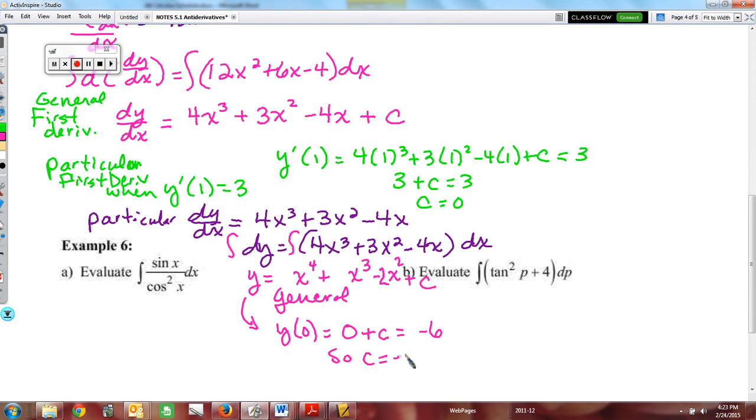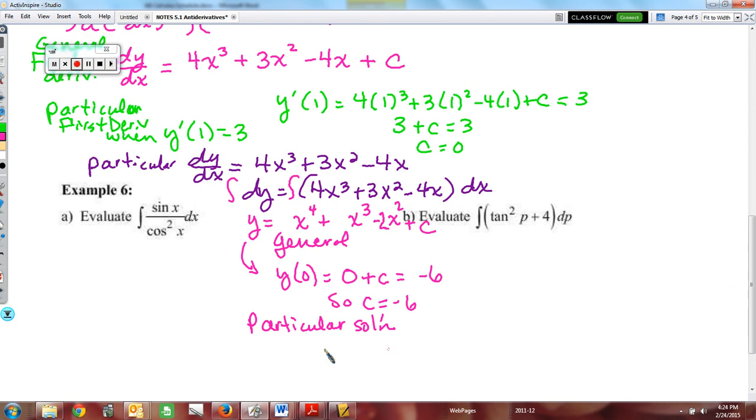So c equals negative 6. So our final particular solution is y equals x to the 4th plus x cubed minus 2x squared minus 6. And then we're done with this problem.